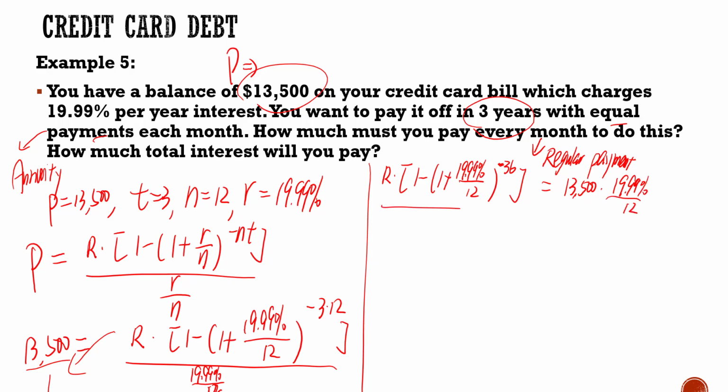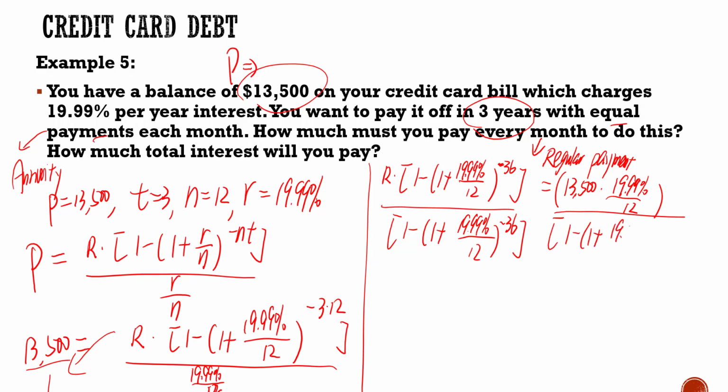Now dividing the square bracket from both sides of the equation, 1 minus 1 plus 19.99% over 12 raised to negative 36 power. So we cancel the square bracket. It's the regular payment by itself. Let's see what the regular payment is.